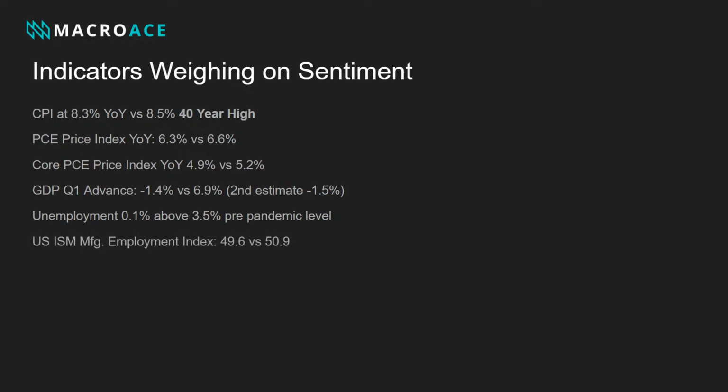The US ISM Manufacturing Employment Index, which is what we had this week, showed a decline to 49.6 from 50.9. Now, usually for the headline figure or the manufacturing index itself, anything above 50 shows expansion and anything below 50 shows contraction.